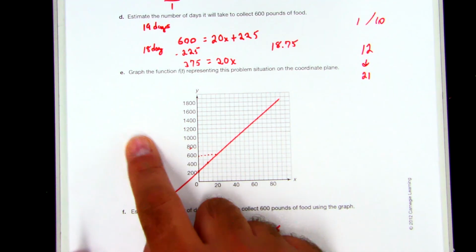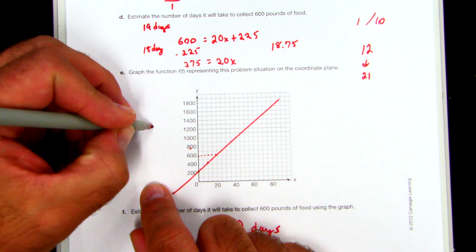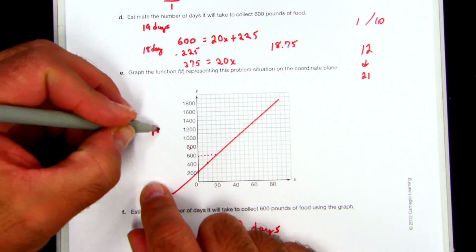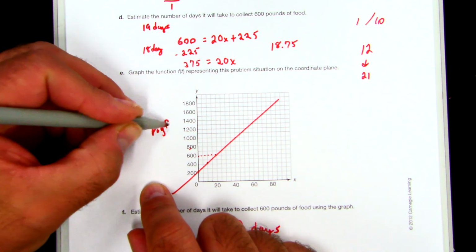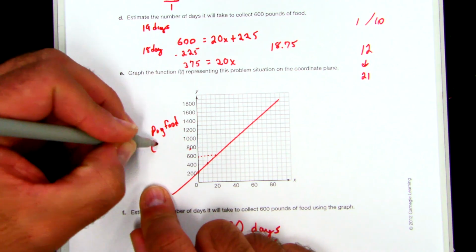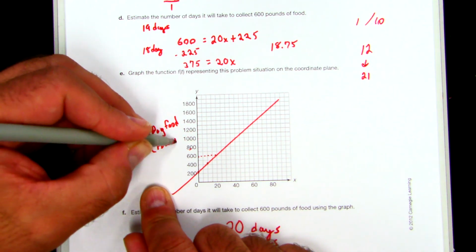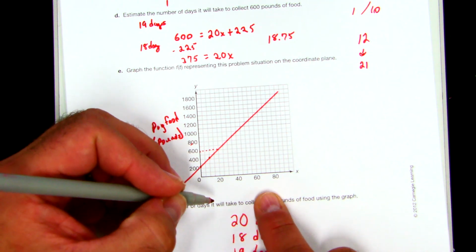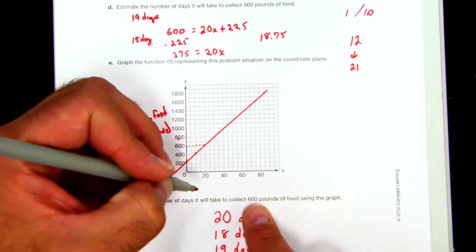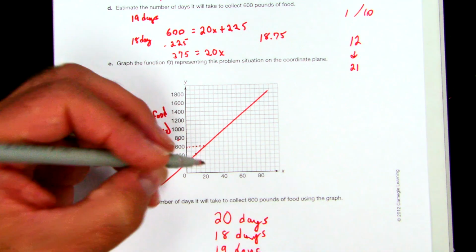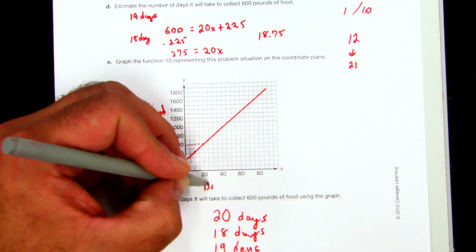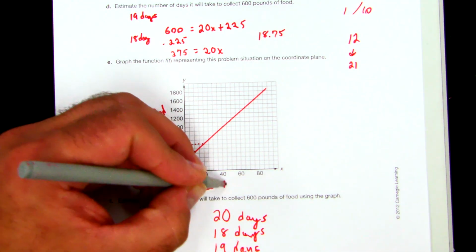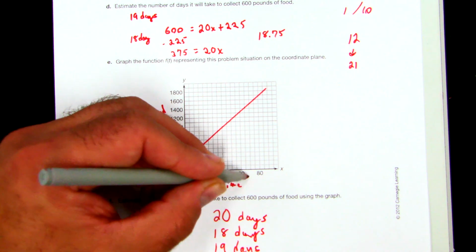So what would go here? Hopefully you know this would be pounds of dog food, or this would be dog food. And it's measured in pounds. And this would be what? Correct? Days, or time, time measured in days.